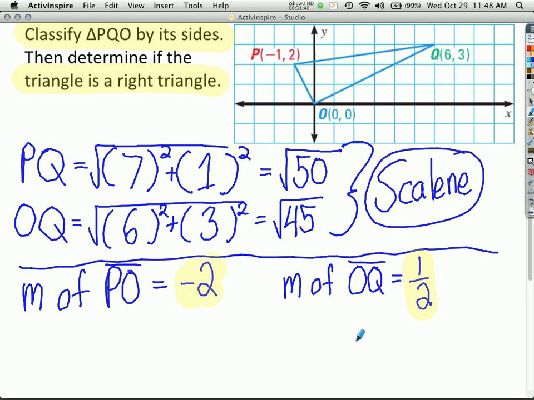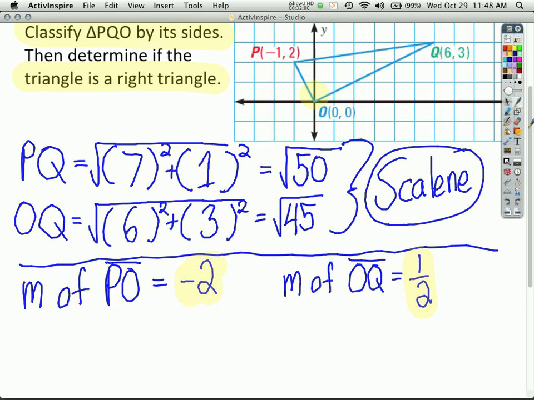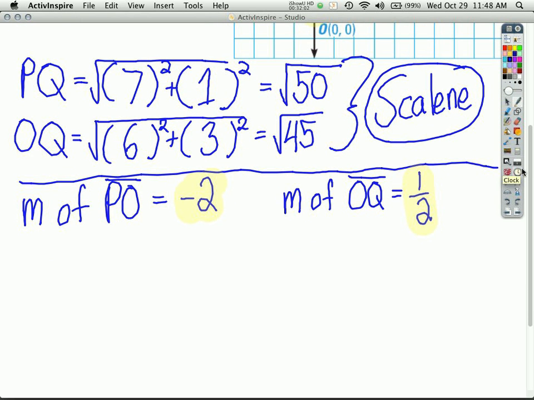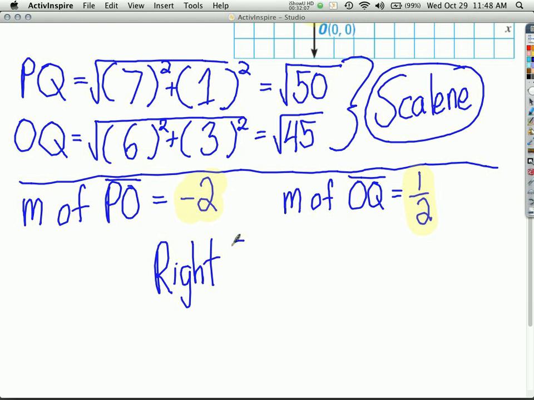Are those negative reciprocals of each other? Yes. Yeah, those are negative reciprocals, which proves that that is a 90-degree angle. And since that is a 90-degree angle, we have proven that this is a right triangle. So when you put it all together, you could say that this is a right scalene triangle.